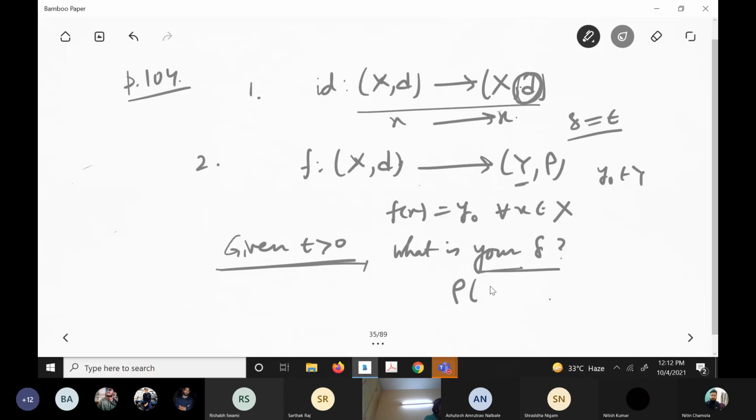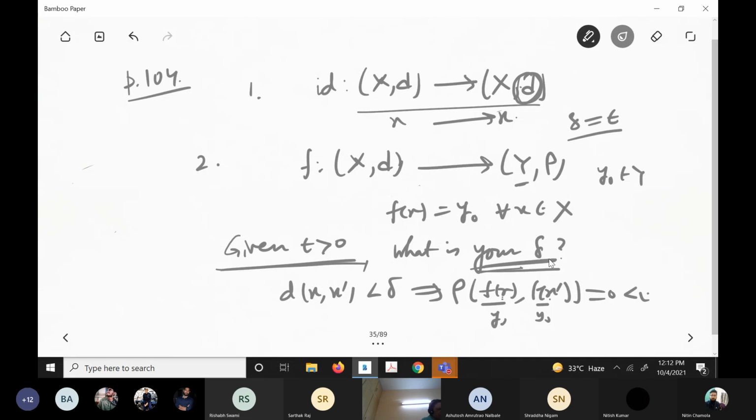Look, rho(f(x), f(x prime)). It's a constant function. So f(x) is also y naught, and this is also y naught. So this is 0, less than epsilon. So it doesn't matter what the distance of x prime is. So d(x, x prime) less than delta always implies it, that means you can choose any positive delta. You understand? Here you can choose any positive delta.